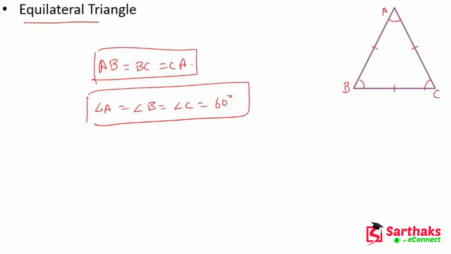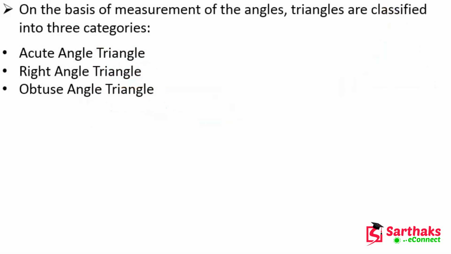So my dear friends, I hope you understand these things. Now let's see the classification of triangles on the basis of angles. Triangles are classified into three categories: acute angle triangle, right angle triangle, and obtuse angle triangle. In previous lectures, we already learnt about these classifications, so now we are just taking a brief introduction.